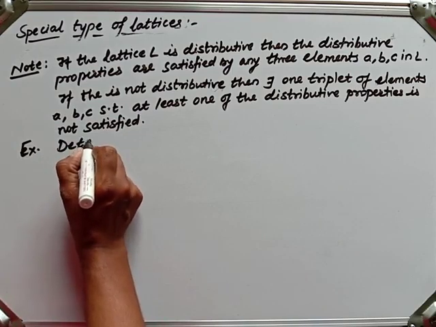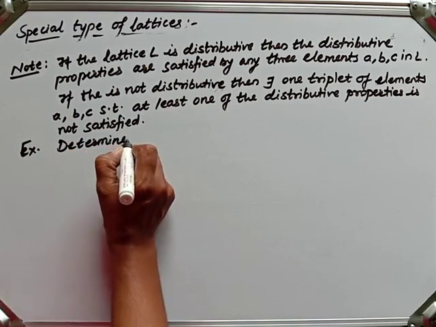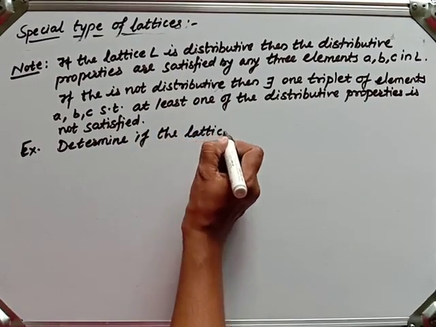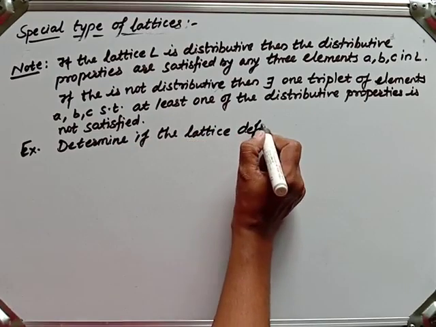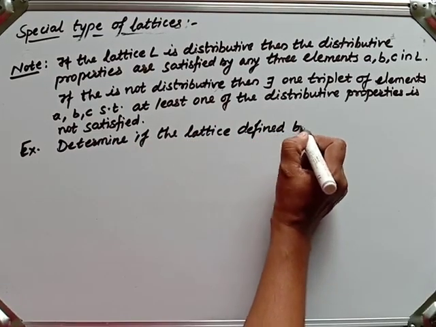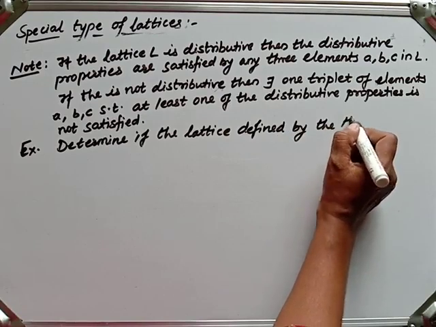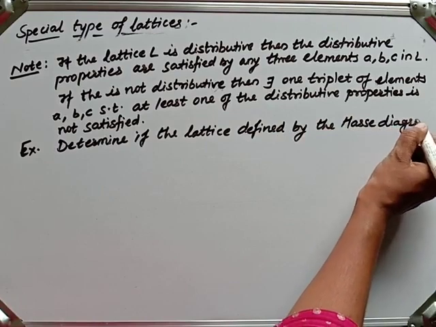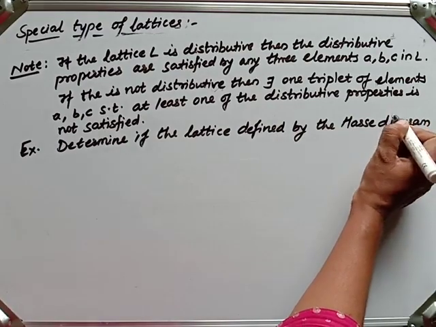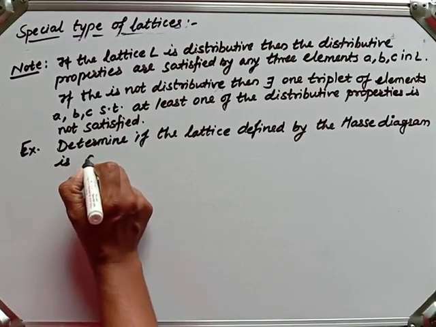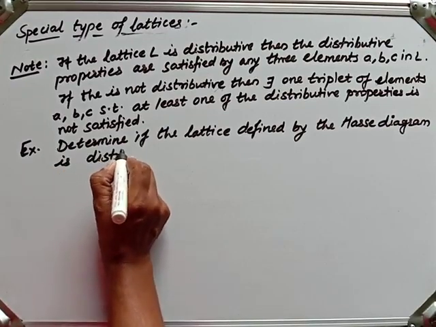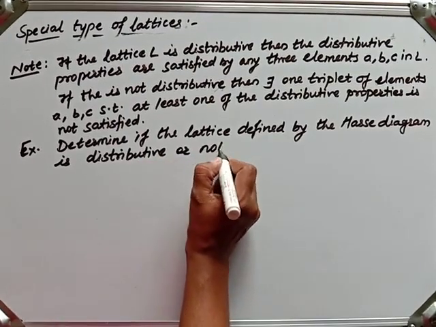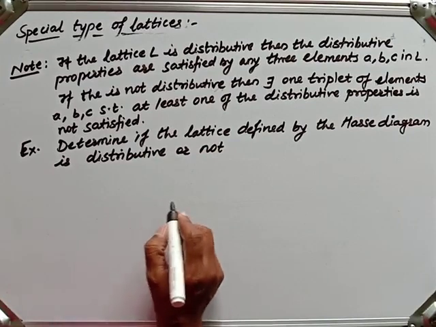Determine if the lattice defined by the Hasse diagram is distributive or not. Now what the Hasse diagram is given here?